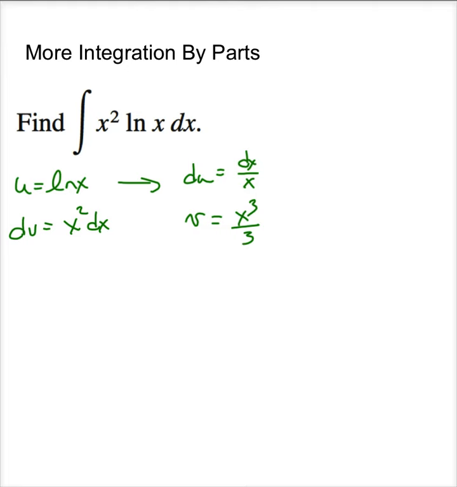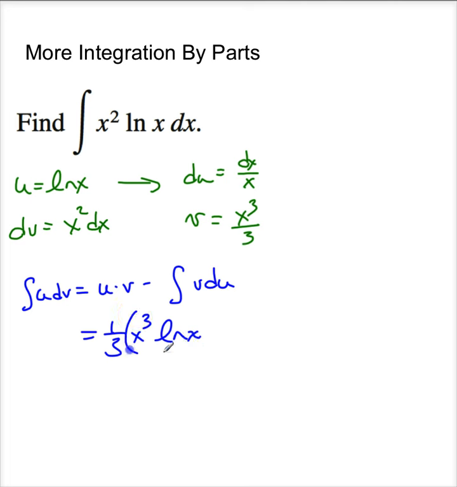So now I want the integral of u dv, which is equal to u times v minus the integral of v du. So this is u times v, so this is 1/3 x cubed log of x minus the integral of v, so x cubed over 3 du. So this is dx over x.